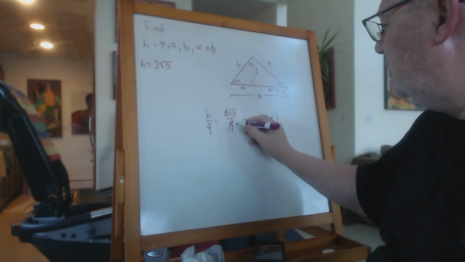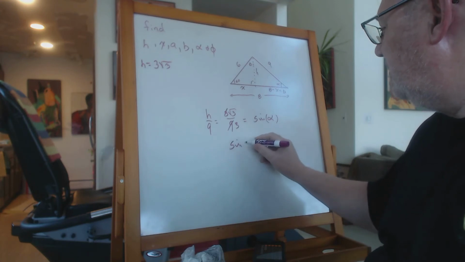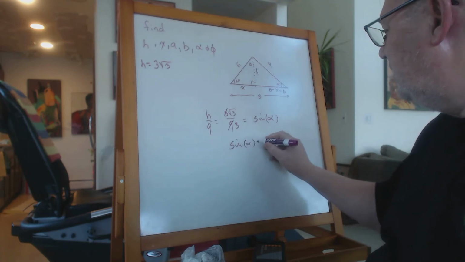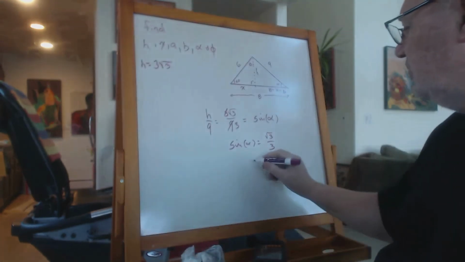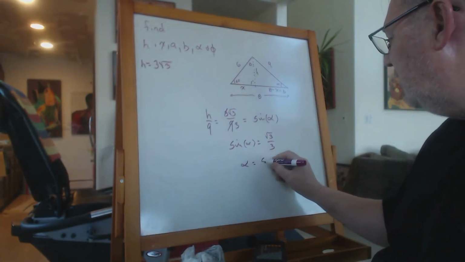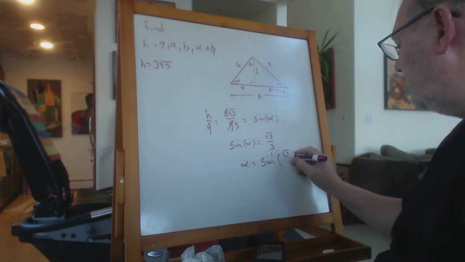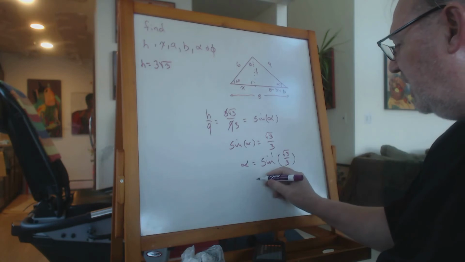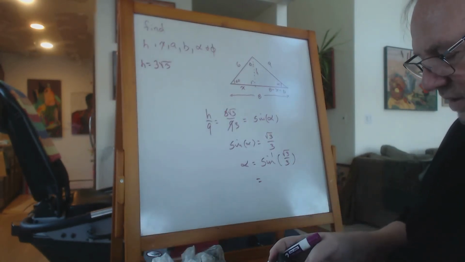And that is, so we have sine alpha equals square root of 3 on 3. So alpha equals the arc sine of square root of 3 over 3, and we can get that in 1 second.